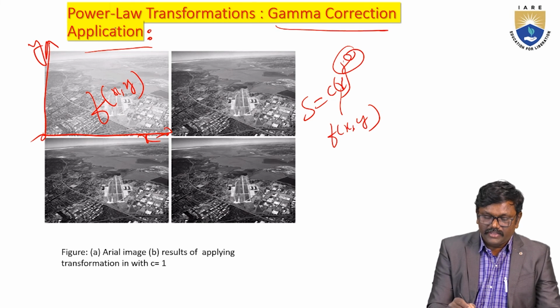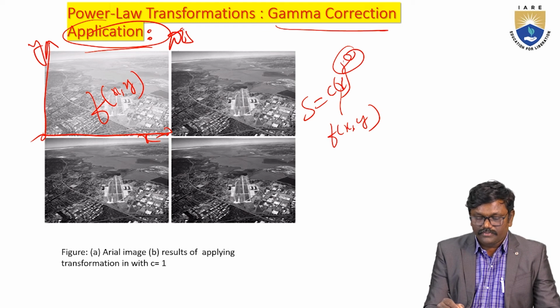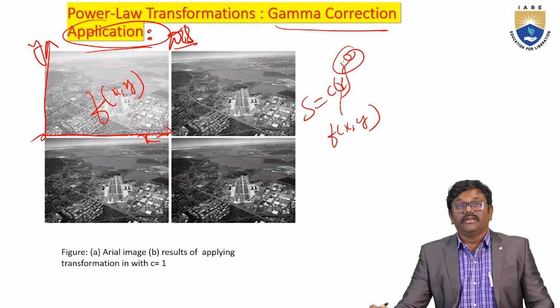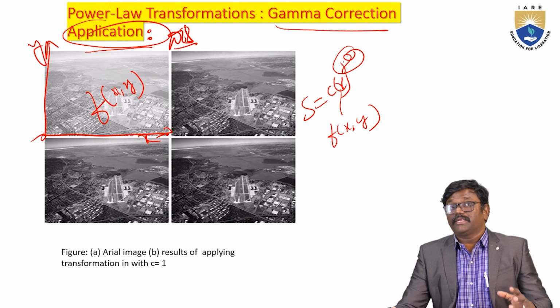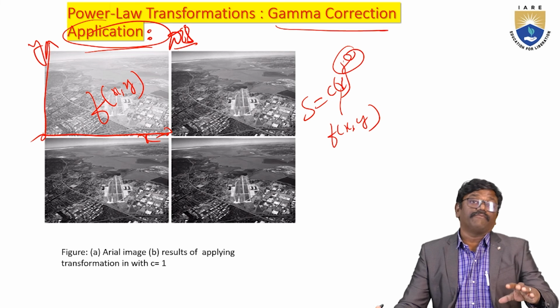Especially this application we are going to take in terms of disaster management. The disaster management application process is very important due to tsunami, due to cyclone. Some areas may be affected.